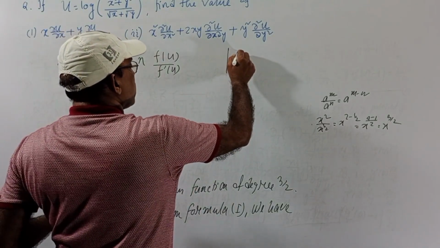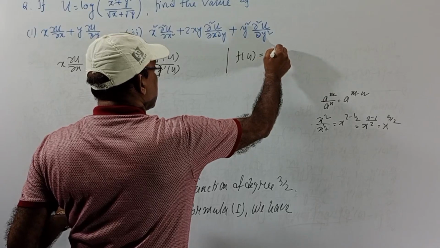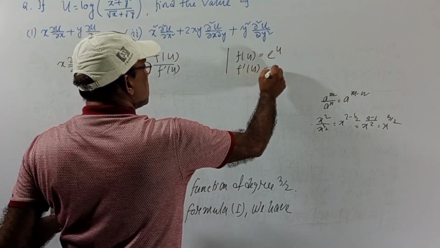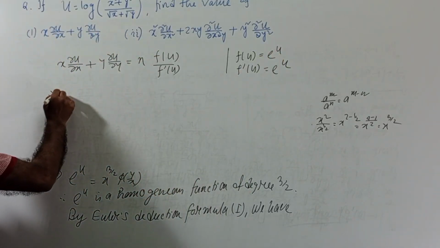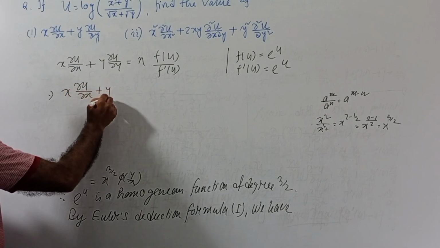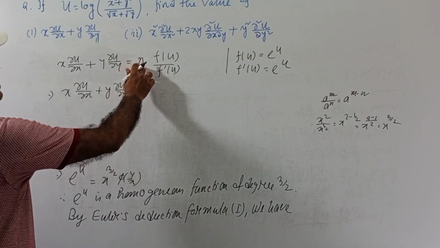Here f of u means e to the power u. Then f dash u, this is also e to the power u. So we get x del u del x plus y del u del y, and n means degree.